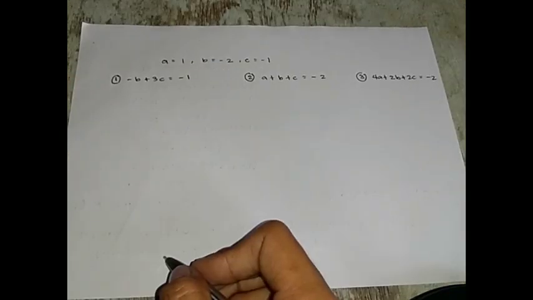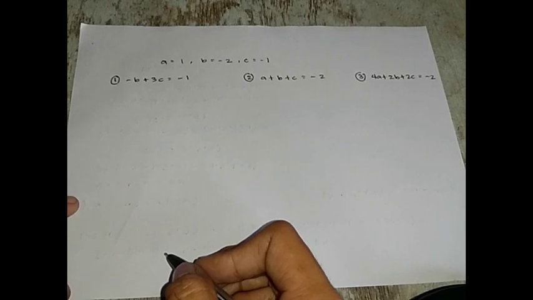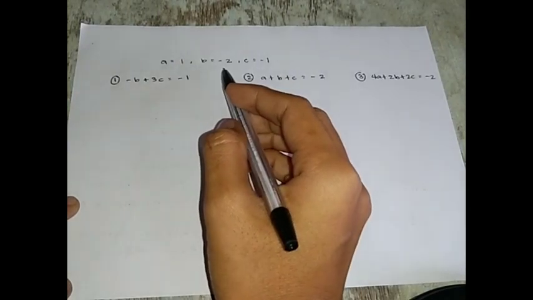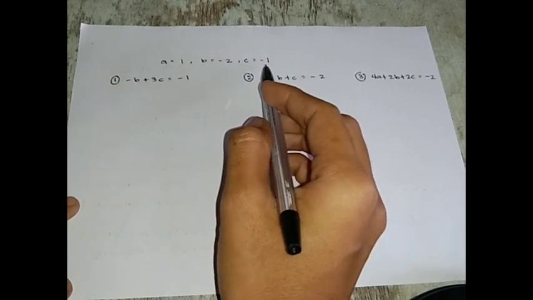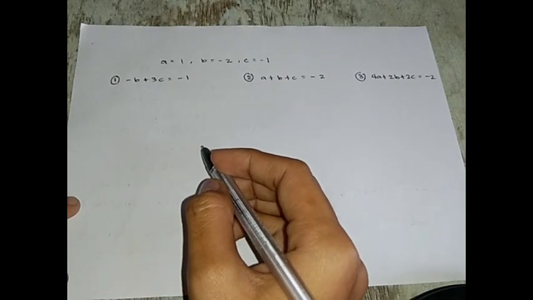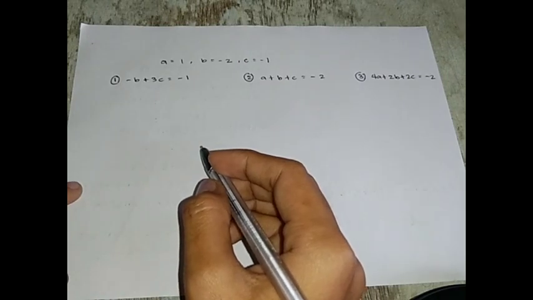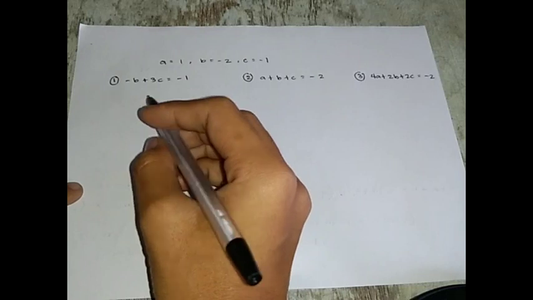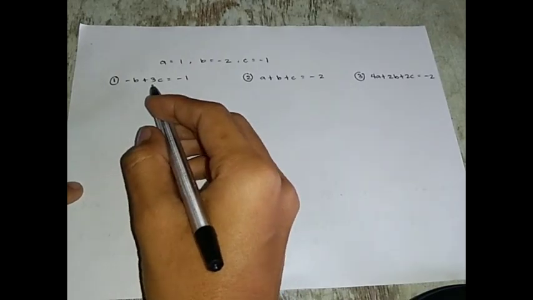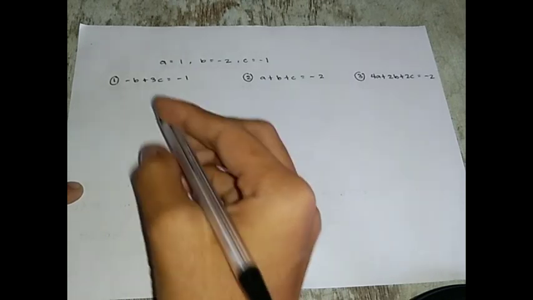So now, let us try to solve for A, B, and C to get A is equal to 1, B is equal to negative 2, and C is equal to negative 1 as a linear combination of U, V, and W.